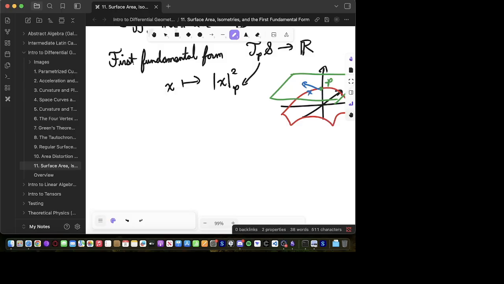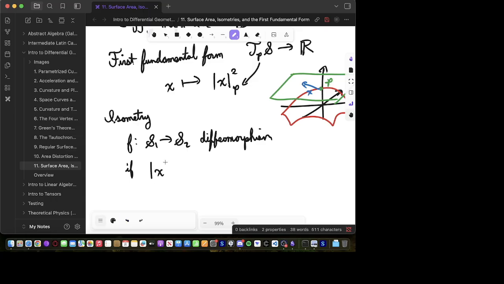And the last thing that we'll discuss here is an isometry. If we have a diffeomorphism F from S1 to S2, where S1 and S2 are regular surfaces, then F is an isometry if dF preserves the first fundamental forms.